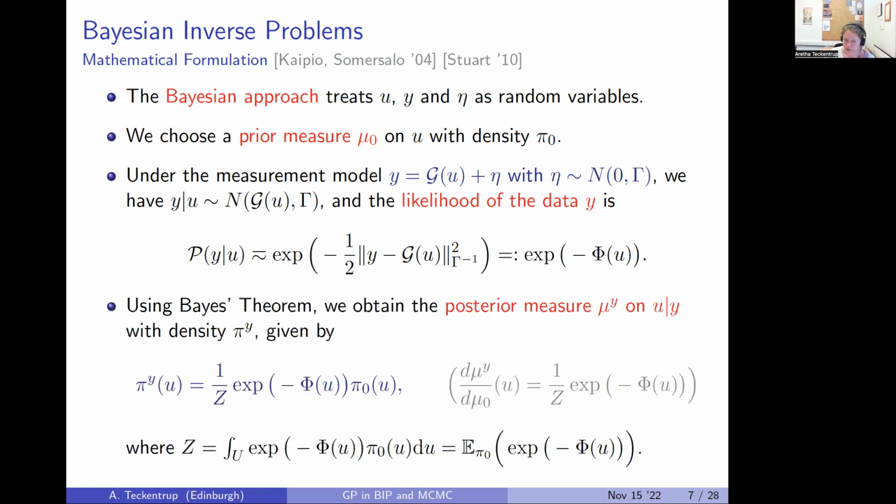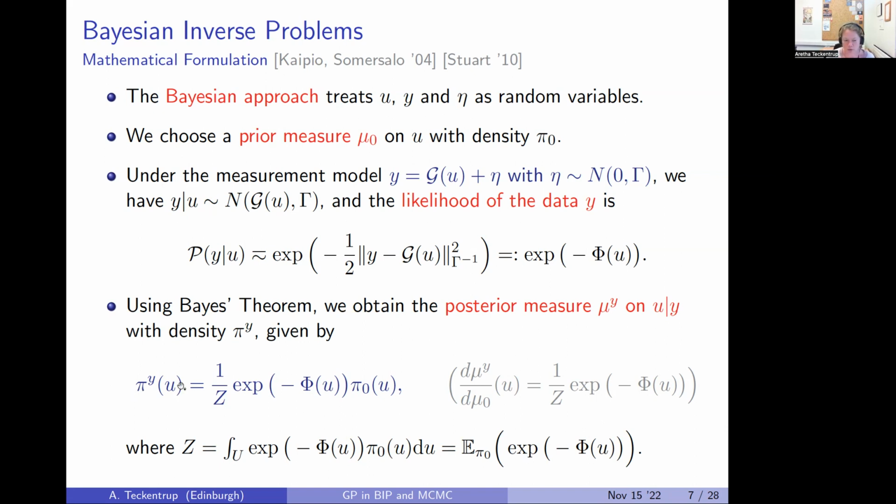Then you can do the standard update using Bayes' theorem. So we get the posterior on U given Y as the product of the prior times the likelihood, multiplied by a normalization constant, 1 over Z here, to make sure that everything is a probability distribution.